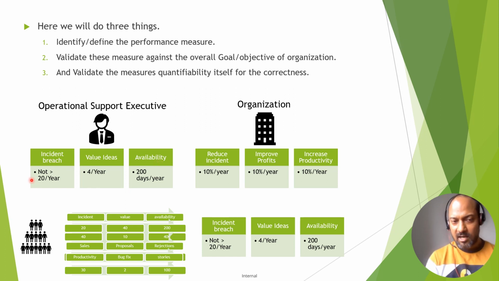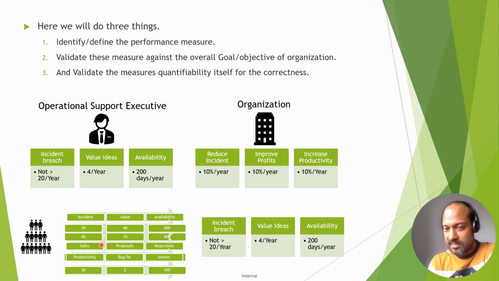Now, how about the threshold, like not greater than 20 per year, 4 per year, or 200 days per year? That is again based on statistical analysis and the average of the results.